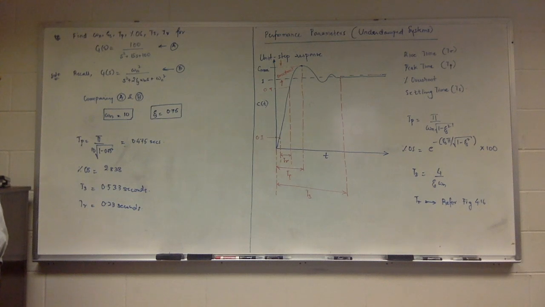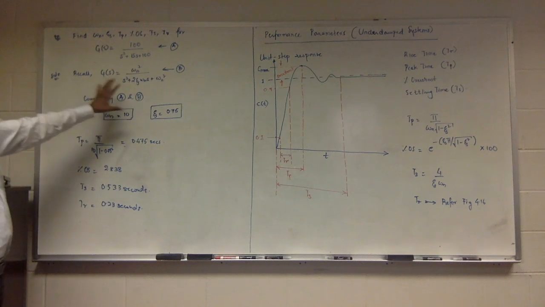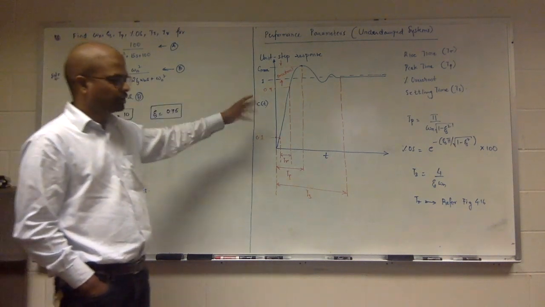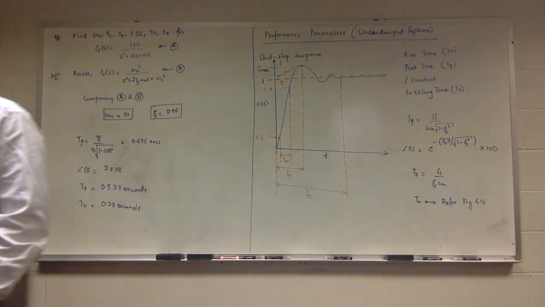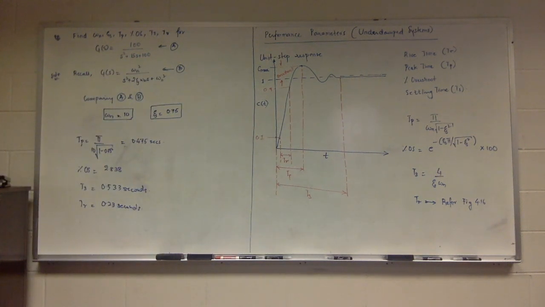One of the things I will need you to do is, you see, this is very critical, okay? If you are given a black box, okay, and you're told that it's a second order system, but you don't know what is inside. You can only provide input and measure the output.